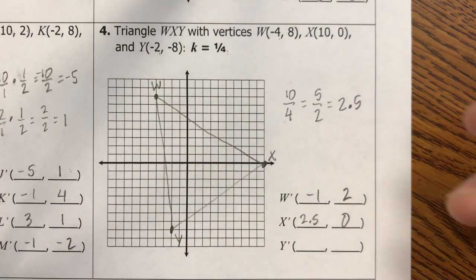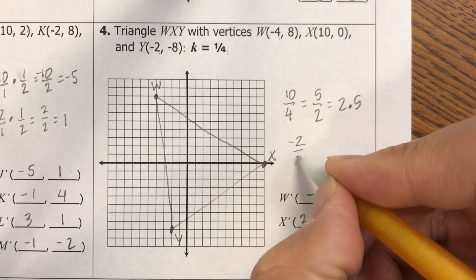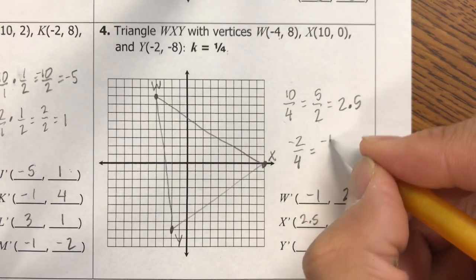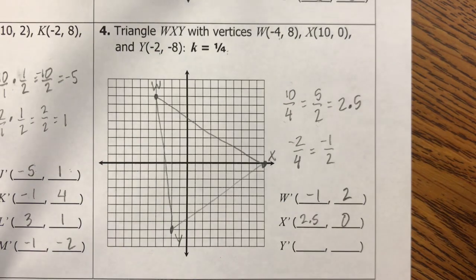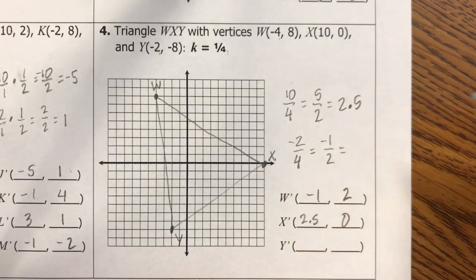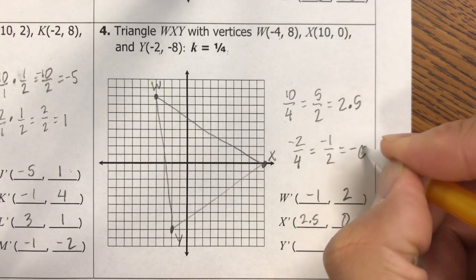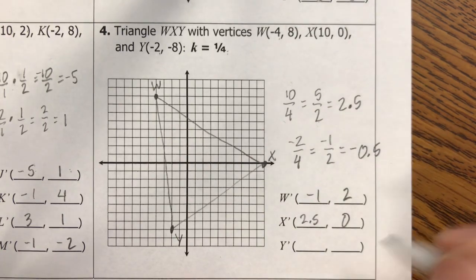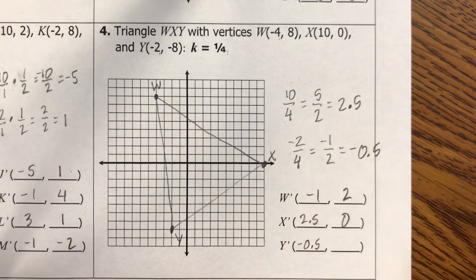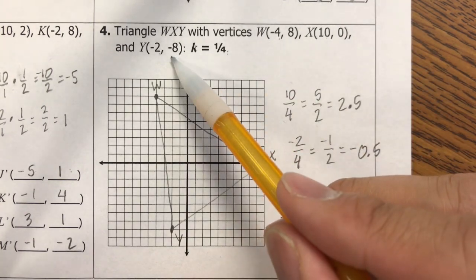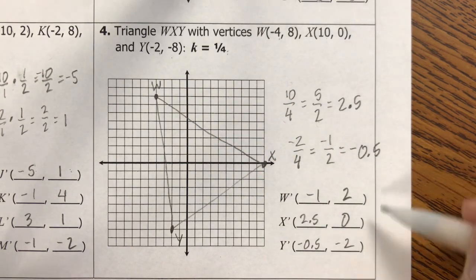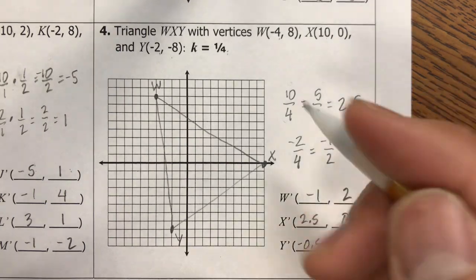This one is also tricky because now we have a negative 2 divided by 4. If we reduce this, we will get negative 1 over 2. Negative 1 over 2 is the same as negative 0.5 because it's just half. And then the last one, negative 8 divided by 4 is negative 2. So then you'd be able to plot all those points.